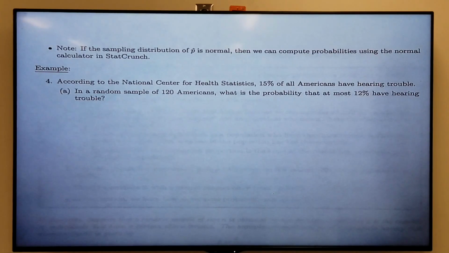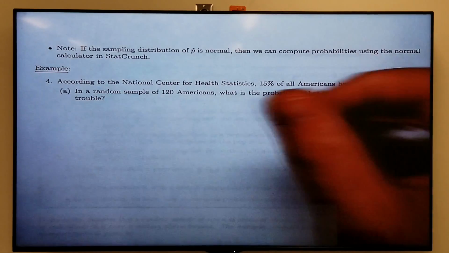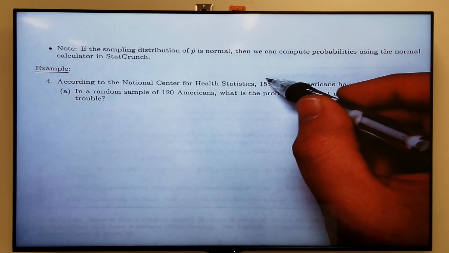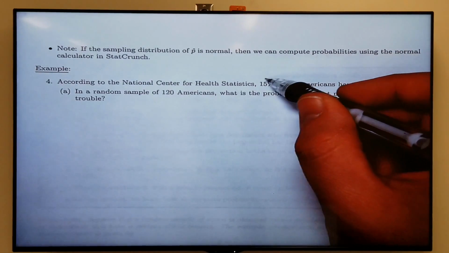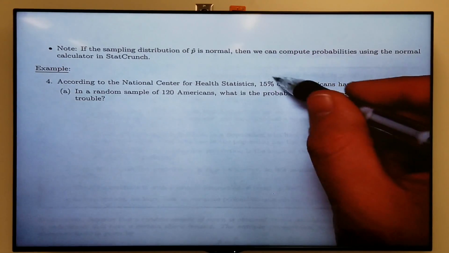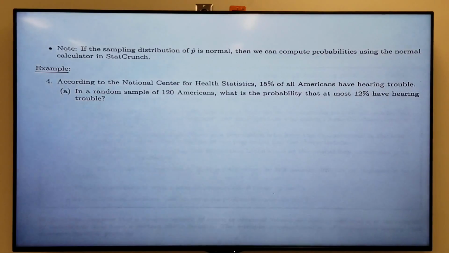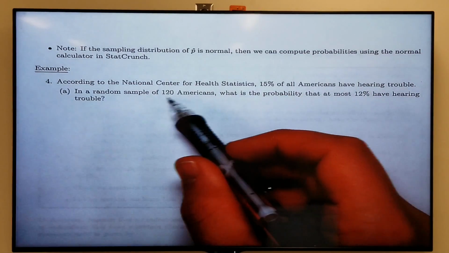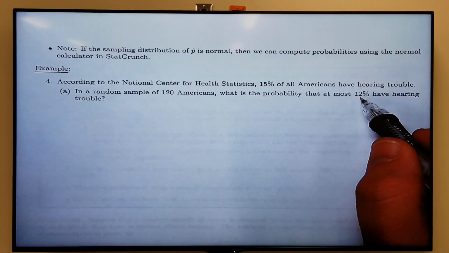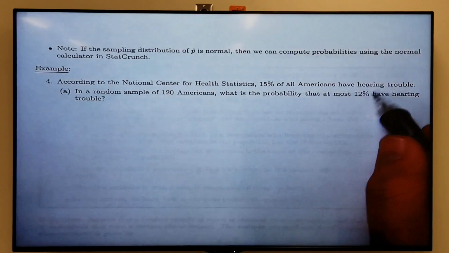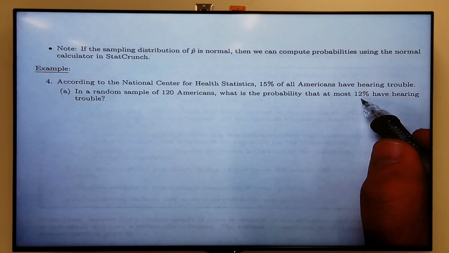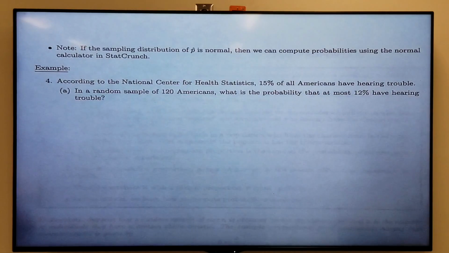So the population proportion of people who have hearing trouble is 15%. So if you went out and randomly selected 120 Americans, what's the probability that at most 12% would have hearing trouble? So 12% or less. It's probably a pretty small probability, but let's see.